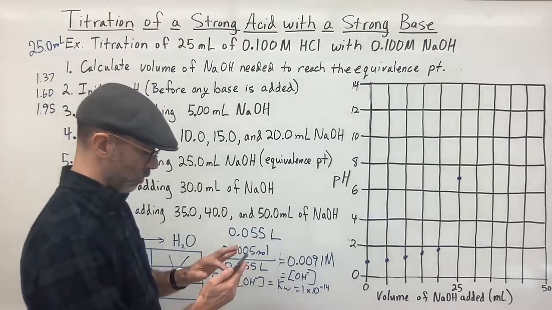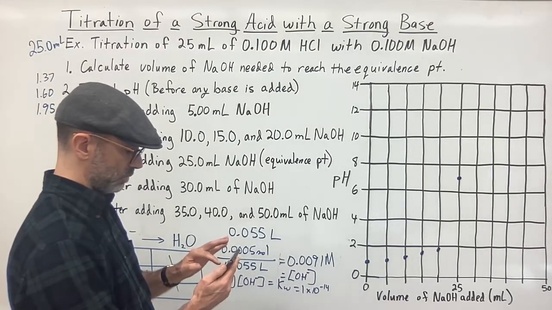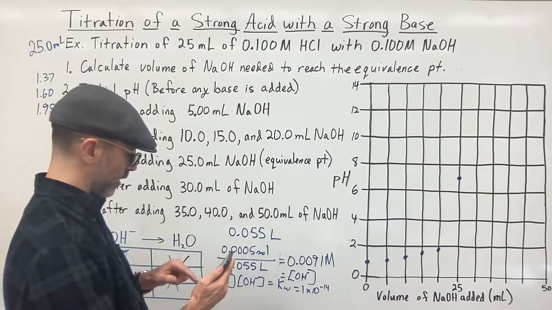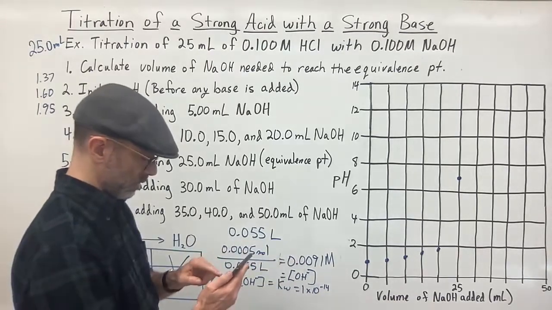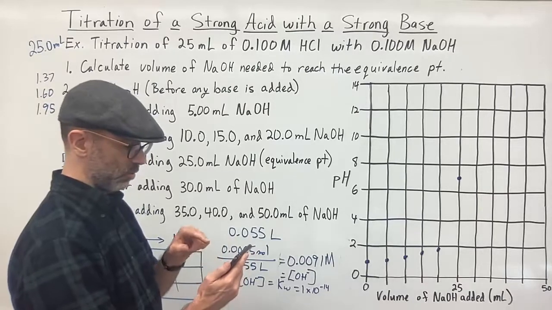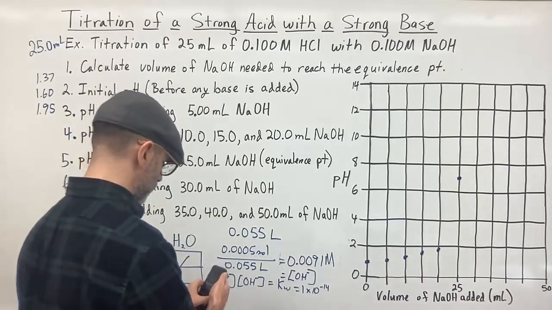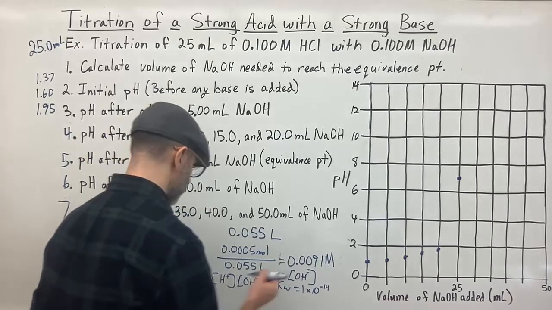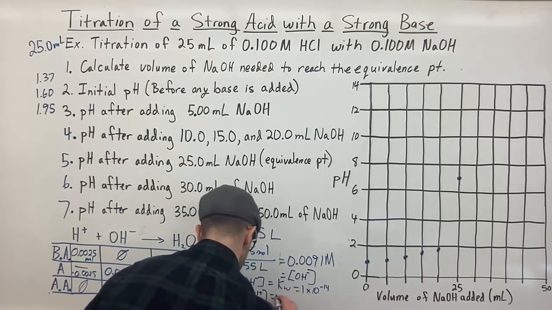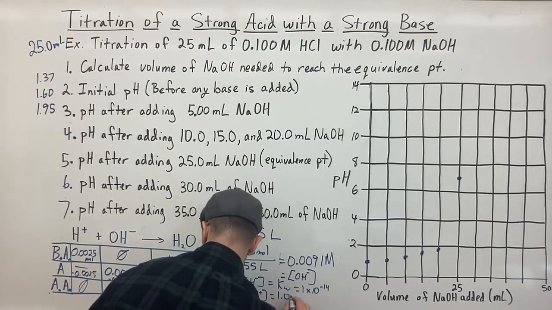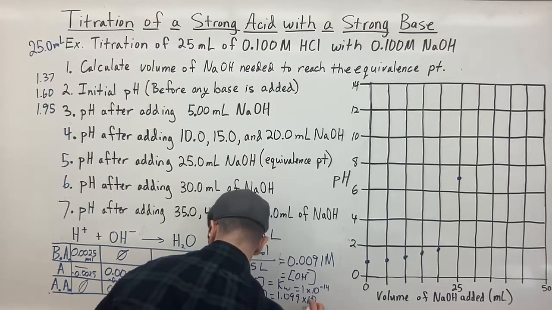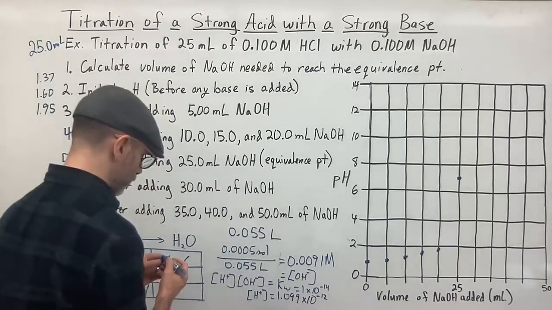We'll take 1.0 times 10 to the negative 14, and divide that by 0.0091, and that gives us the H plus concentration equal to 1.099 times 10 to the negative 12.